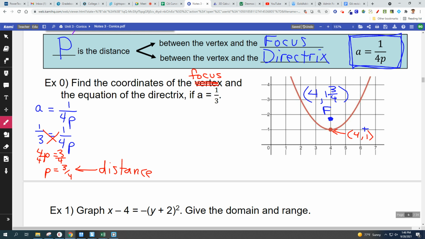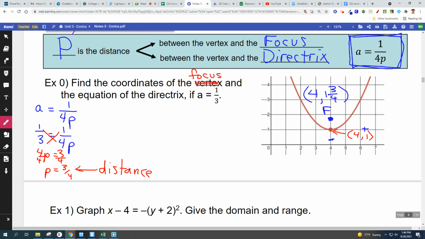And sometimes people get confused because we don't understand improper fractions as well. But 1 and 3/4, 7/4, 1.75, however you want to think about that y coordinate, it's got to be 3/4 above 1. Now the directrix, it's got to be that same distance.